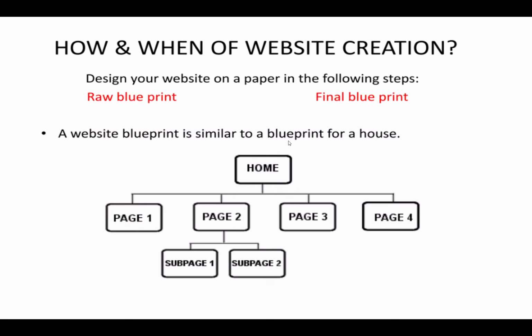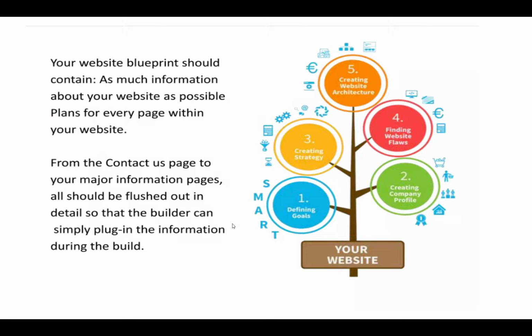A website blueprint is similar to a blueprint for a house: there's home, one page, two pages and three pages, like rooms, and there are sub-rooms. Your website blueprint should contain as much information and as many diagrams as possible to understand the UI path or user interface. The blueprint should be interactive.